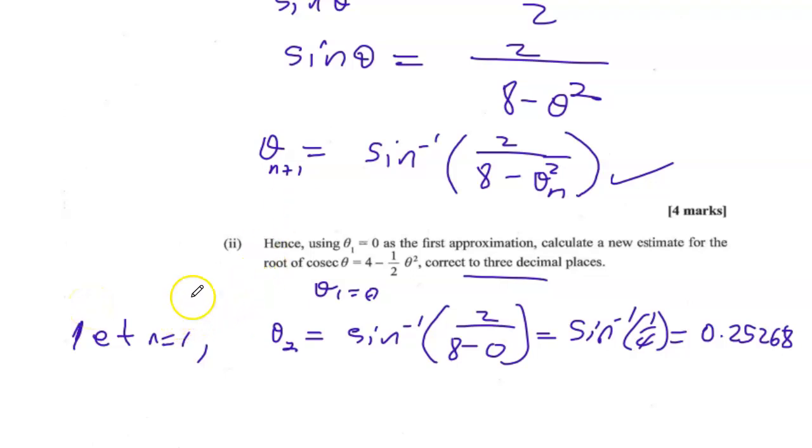Alright, so let's find another approximation. Let n be 2 this time. If n is 2, then theta n plus 1 will be theta 2 plus 1, that's theta subscript 3.